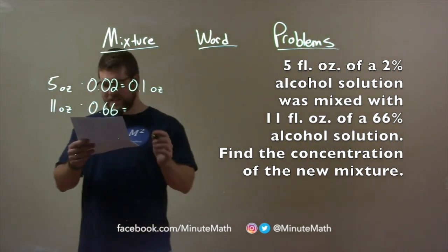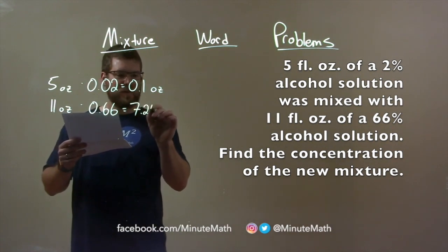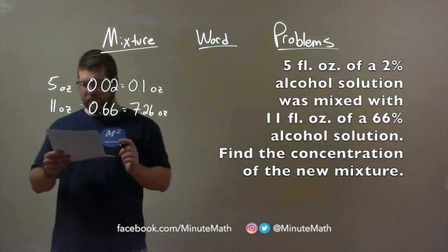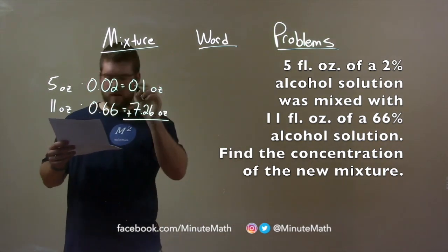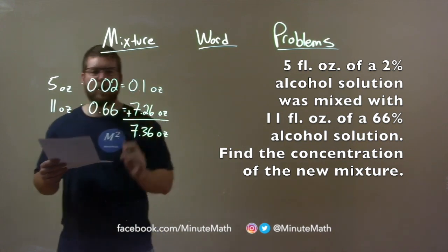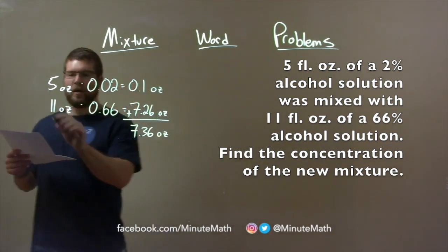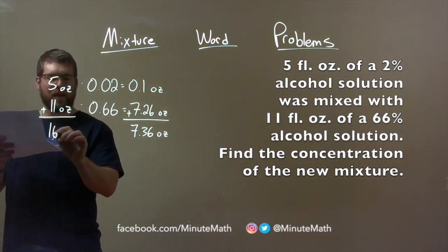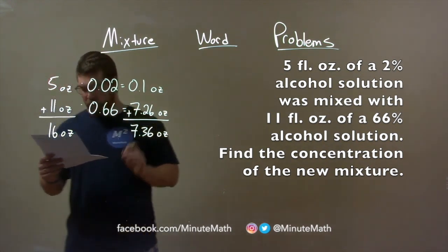Multiply that out, and we get 7.26 fluid ounces of alcohol in the second mixture. Add them together, and we get a total of 7.36 ounces of alcohol in our final mixture, which comes out to a total of 16 fluid ounces.